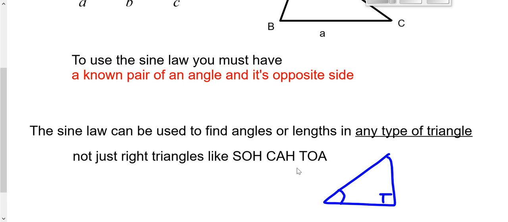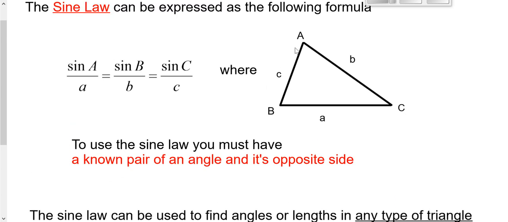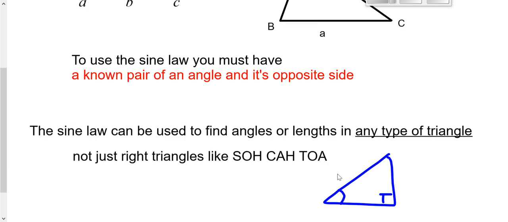If it is not a right angle triangle, you cannot apply SOHCAHTOA. You can still apply it, but obviously the answer would be wrong. The nice thing about the sine law is you can use it for any triangle. And if it is a right triangle, of course you can still use the sine law, because as long as it is a triangle, you can use it. But if I were you, SOHCAHTOA would be easier for a right angle triangle.